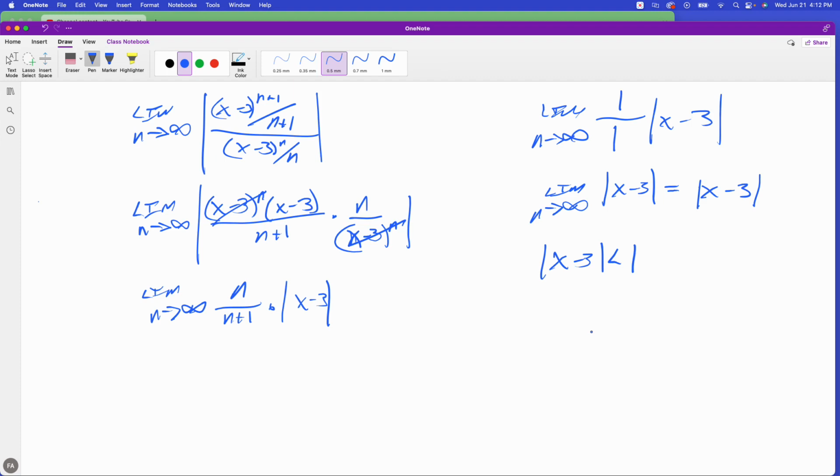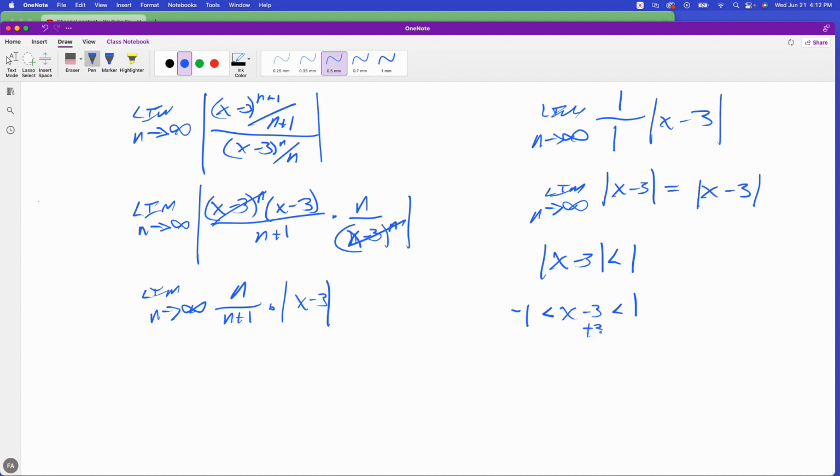When it's less than 1, it's going to converge. So all I need to do is force this, or assume this, to be less than 1. And that means that x minus 3 has to be less than 1, not less than or equal to, just less than 1, and simultaneously greater than negative 1, right? So we need to be in that range of values there.